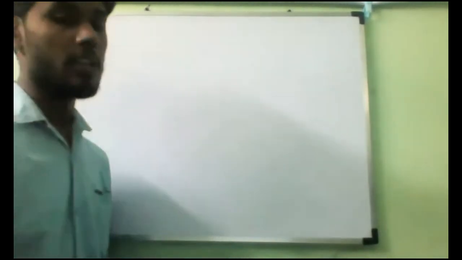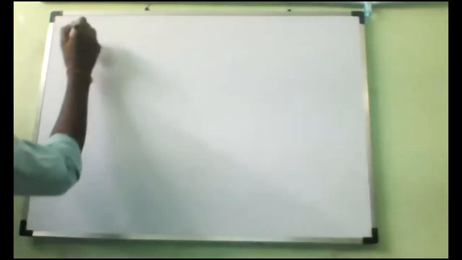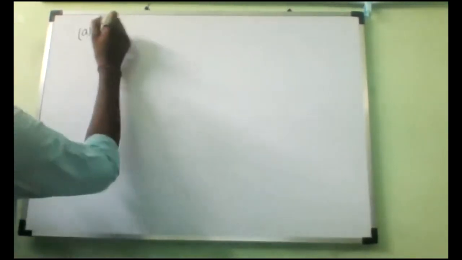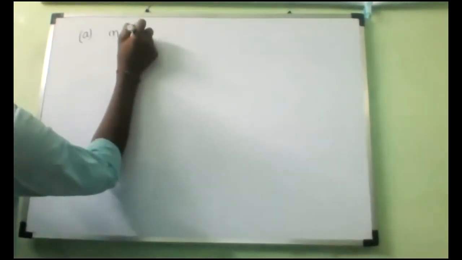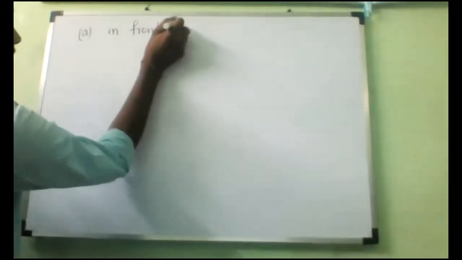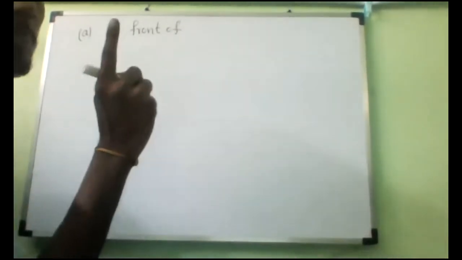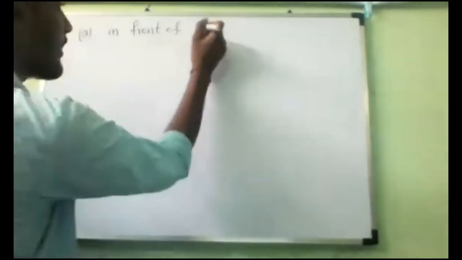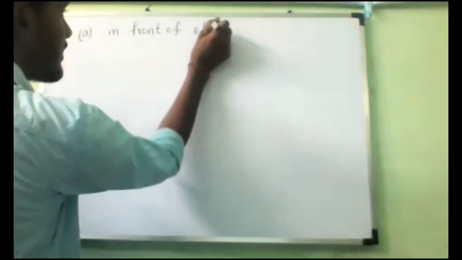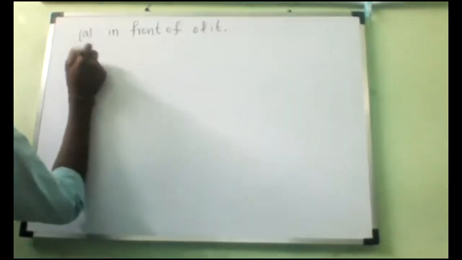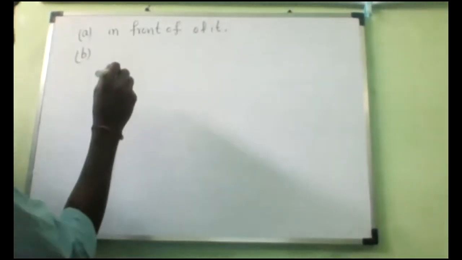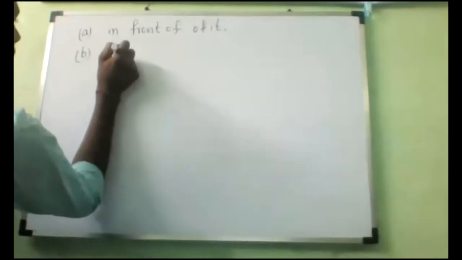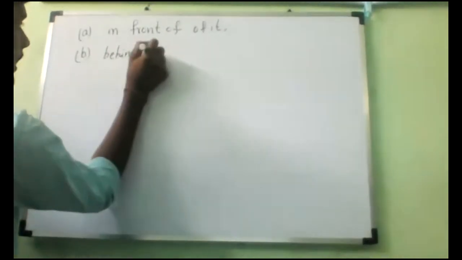Part A: the image is forming in front of the mirror. I am not saying it is a convex mirror, that is what you should remember. I am saying mirror. So the image is in front of it. Part B: the same image is forming behind the mirror.